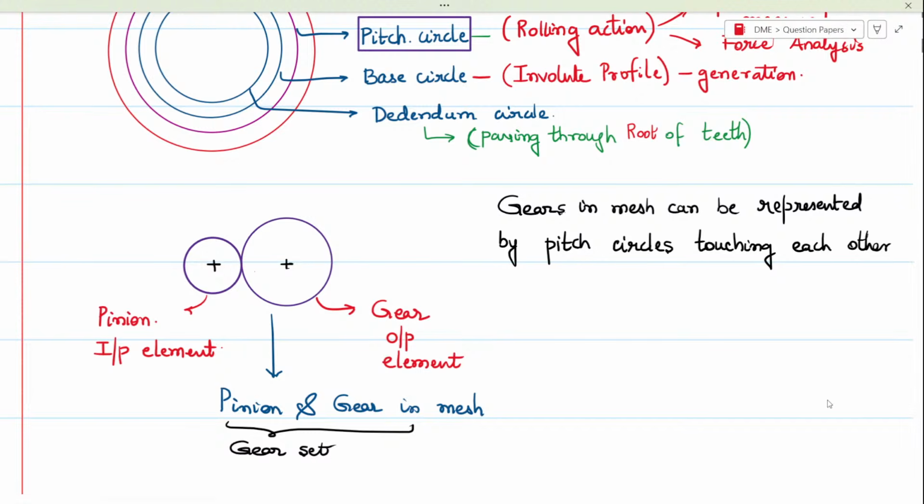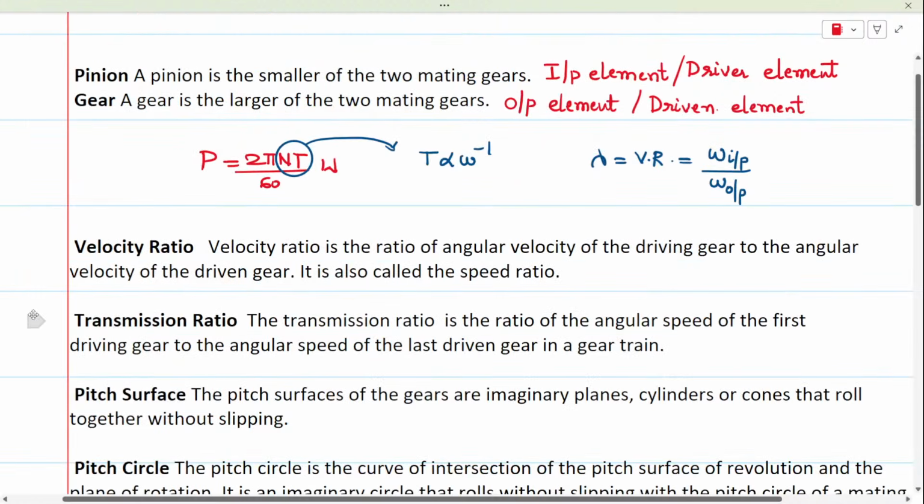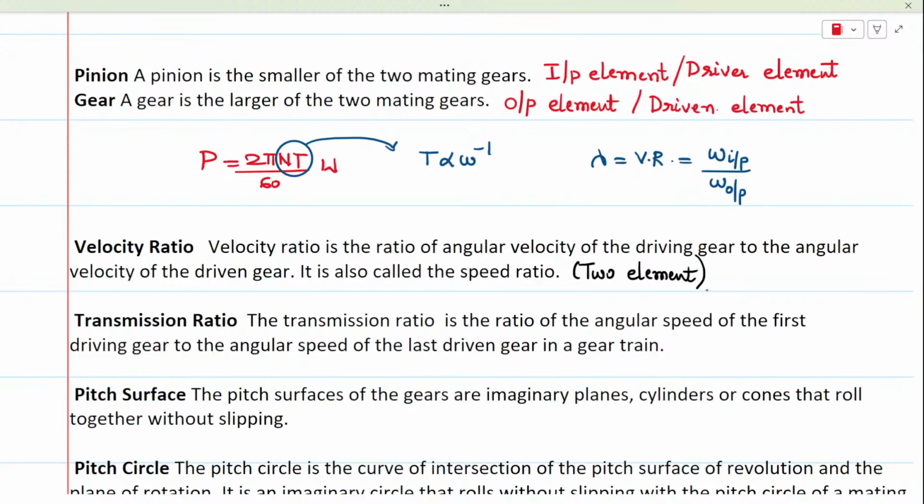Now, velocity ratio is specific. It is dealing with two elements, which could be called a gear set. But if you ask me about the transmission ratio, then for transmission ratio, it is more than 2 gears.